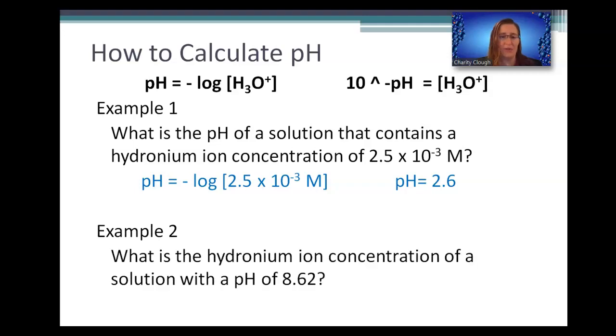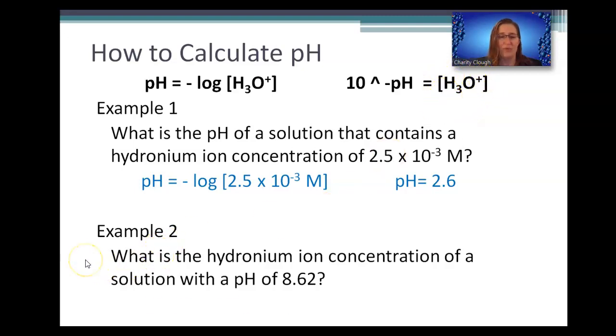So the second example I have here: what is the hydronium ion concentration of a solution with a pH of 8.62? This is the other equation. Remember, they're actually the same equation, just rearranged, but I'm looking for the hydronium concentration, which is over here.